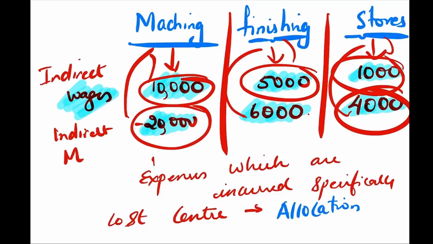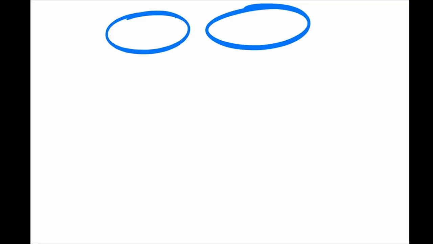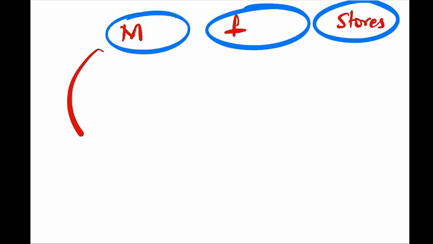Now then you might ask, what are the expenses which won't be specific? Now let me take an example. You have three departments: machining, finishing and stores. These are all in the same premises.